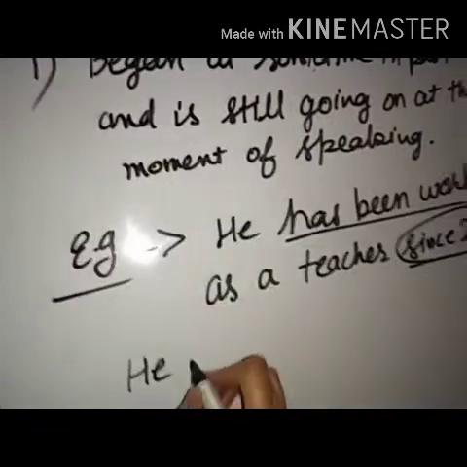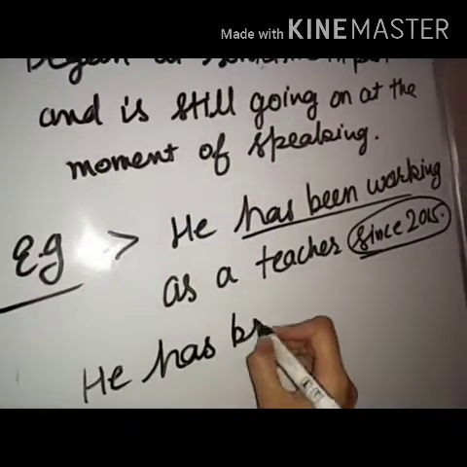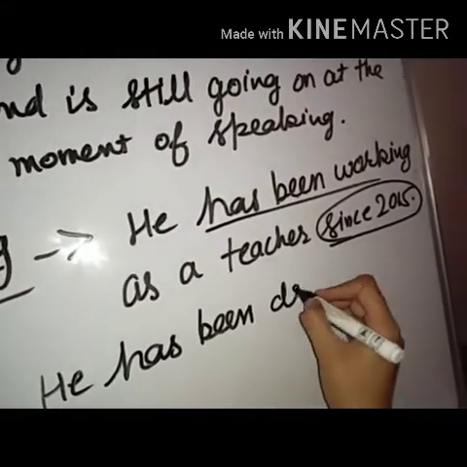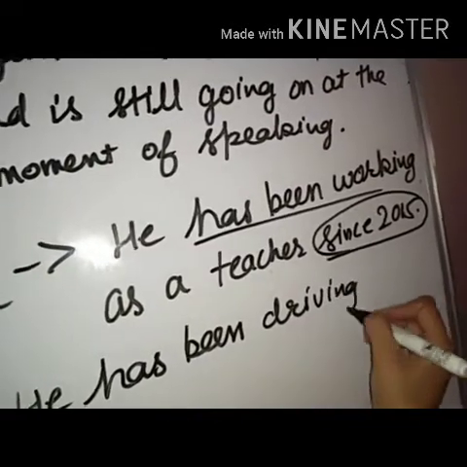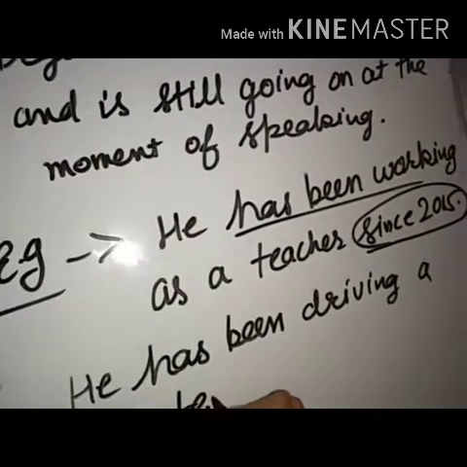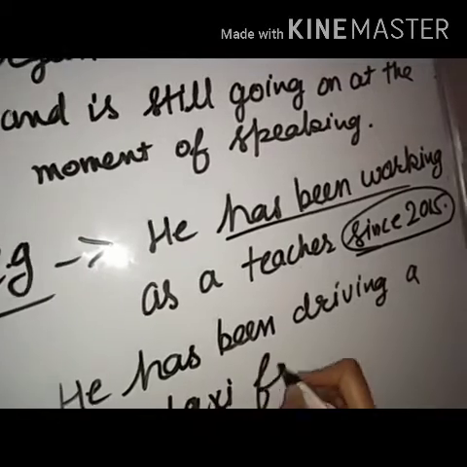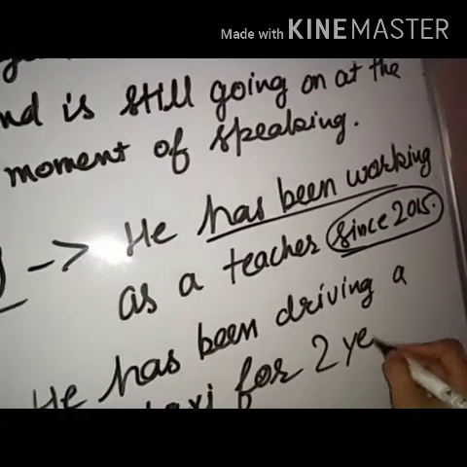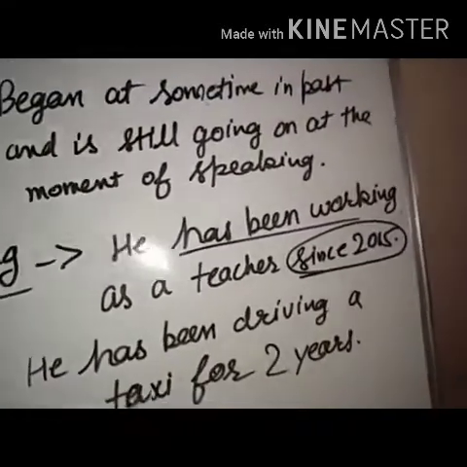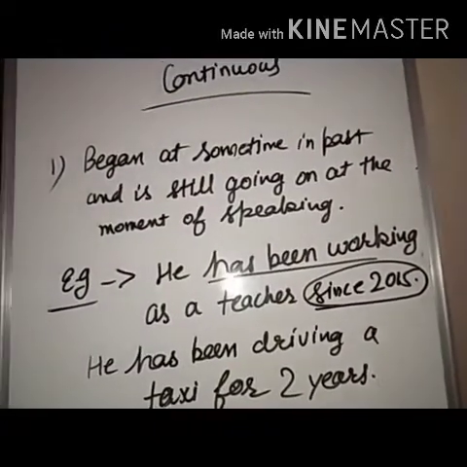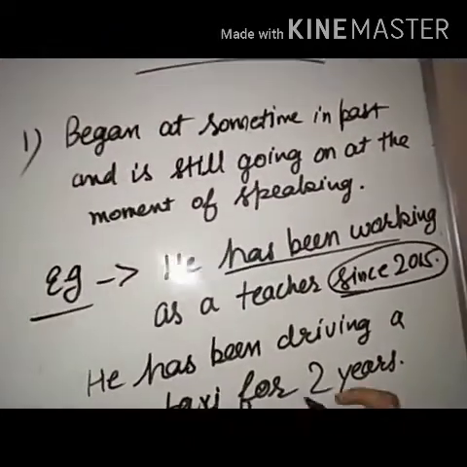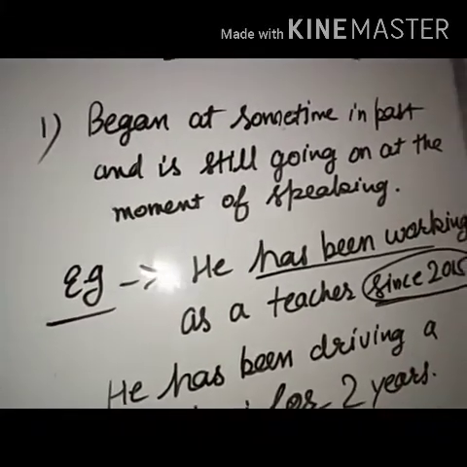Another example, he has been driving a taxi for 2 years. Okay, we can use for and since accordingly.